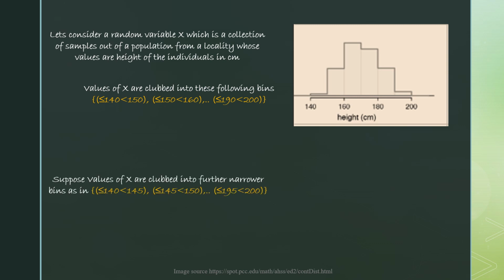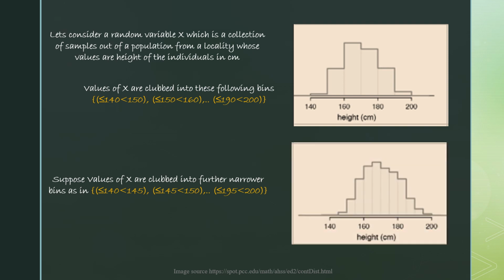Suppose values of x are clubbed into further narrower bins as in greater than or equal to 140 and less than 145 and greater than or equal to 145 and less than 150 and so on until greater than or equal to 195 and less than 200. Then the histogram shall display narrower rectangles as shown.